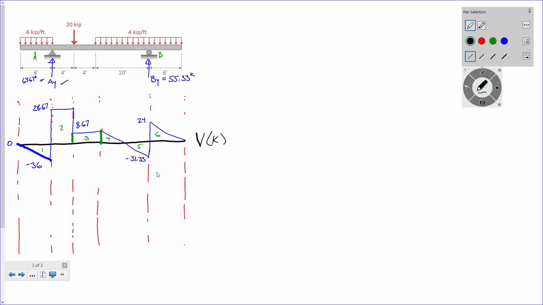Okay, so let's take the shear diagram areas. Area 1, that's a triangle, right? So it's 1/2 base times height. The base is 6 feet.